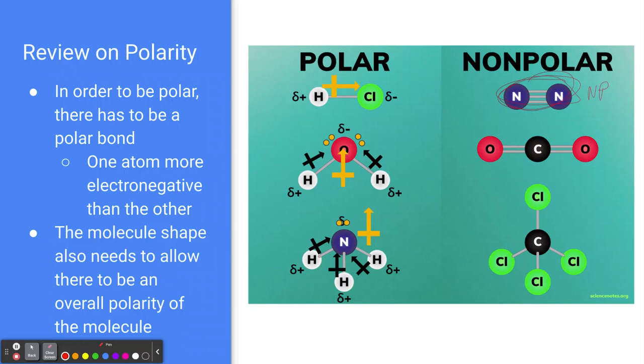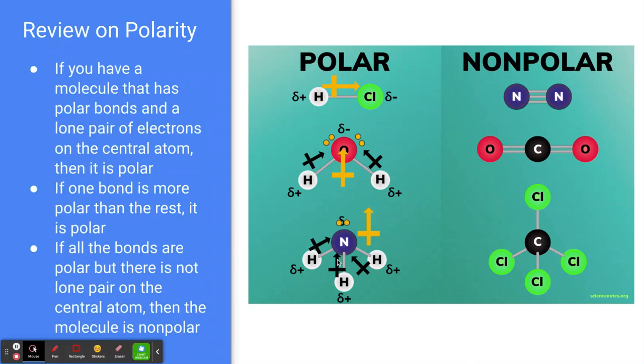In carbon to hydrogen, we've got two polar bonds there, I should say. But it all has to do with the molecule's shape that allows it to be polar or nonpolar. So let's take a look at what that means here on the next slide.